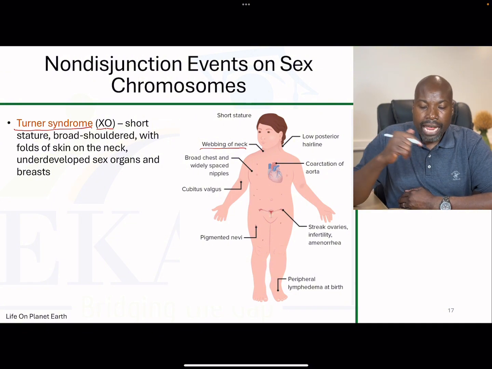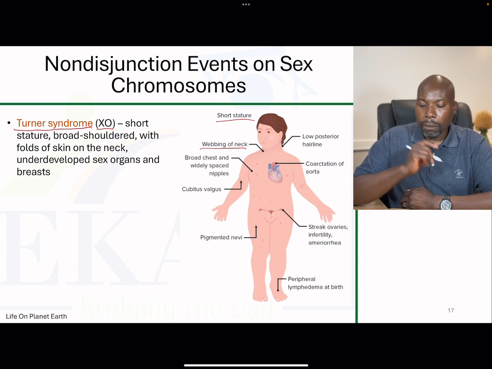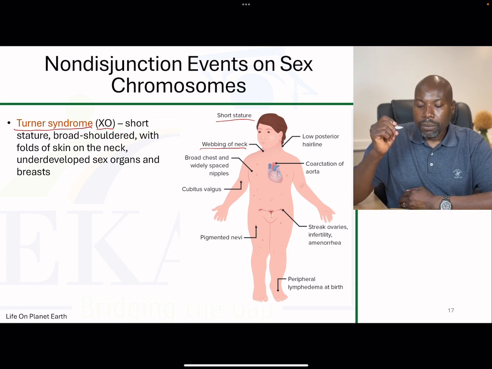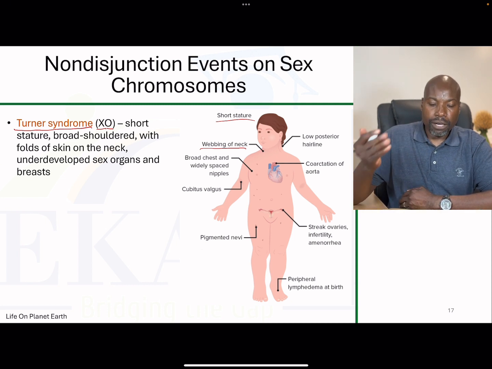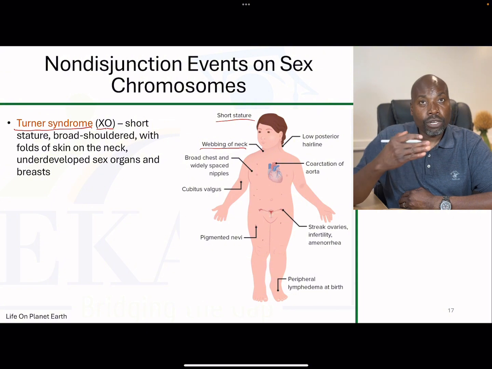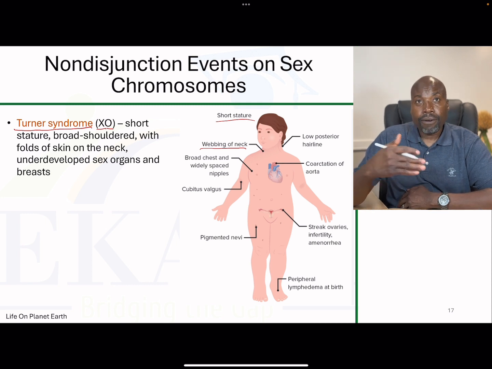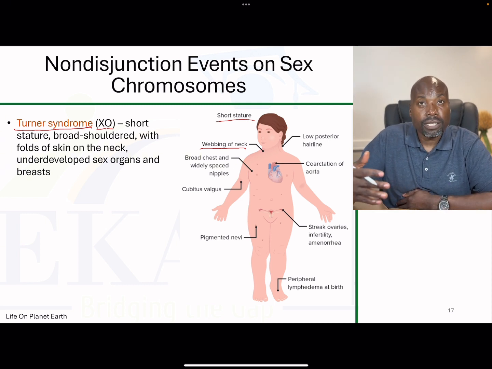These females are going to have webbing of the neck and a short stature. They're going to be sexually underdeveloped. Sometimes ladies with Turner syndrome may reach adulthood and never experience menstruation.